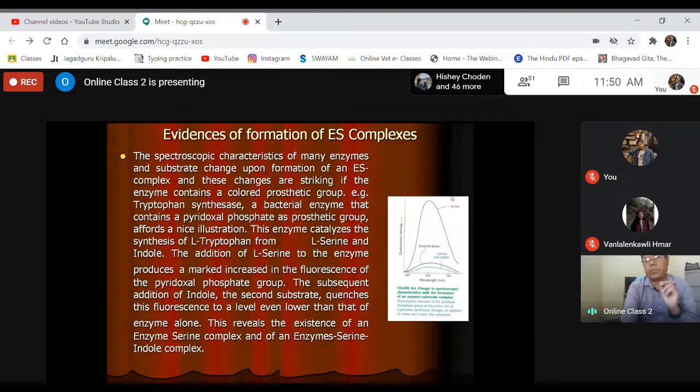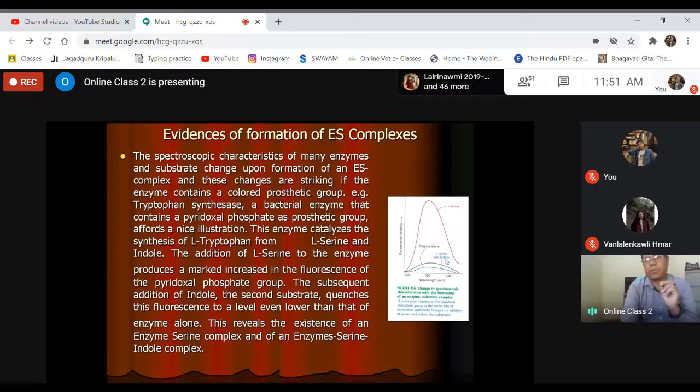Then in the next step, the second substrate, indole, is added. When indole is added, the fluorescence is drastically reduced. It goes to the lower one, shown in blue. This blue is even lower than that of the enzyme alone. So the addition of the second substrate, indole, quenches the fluorescence.